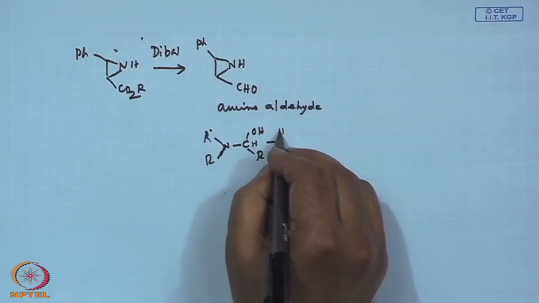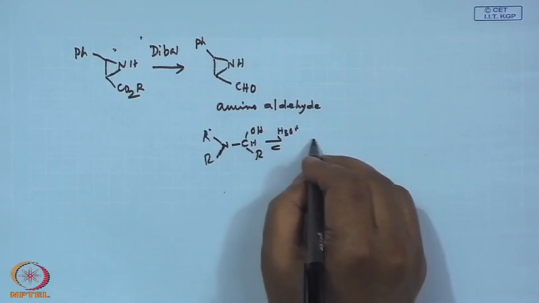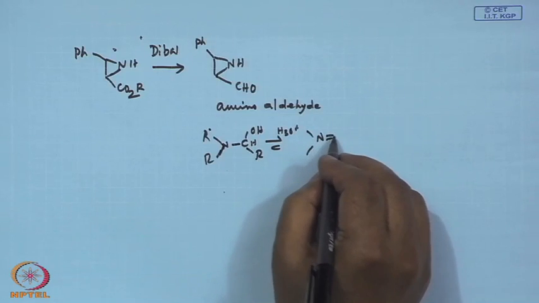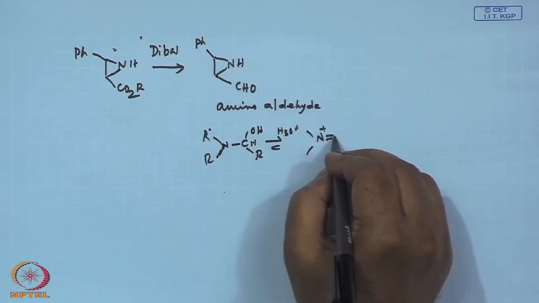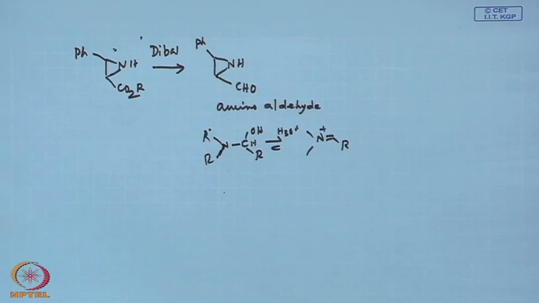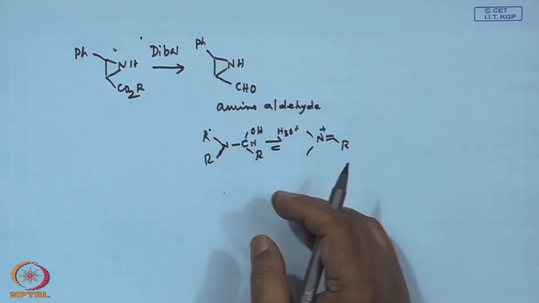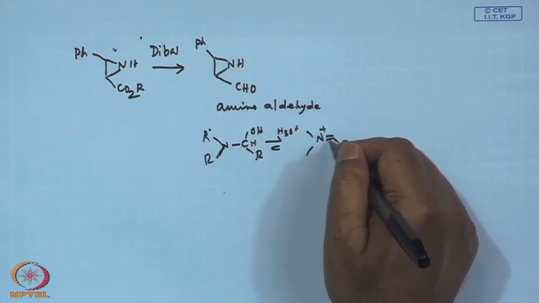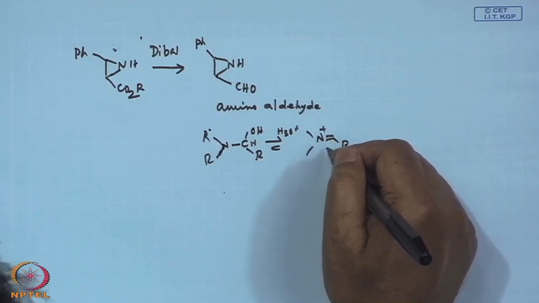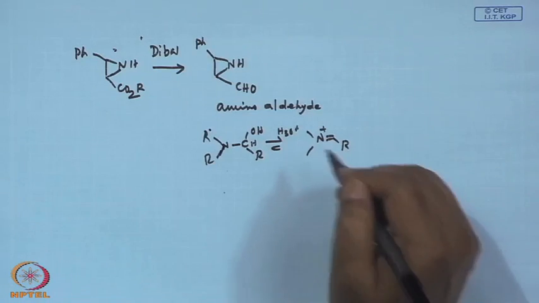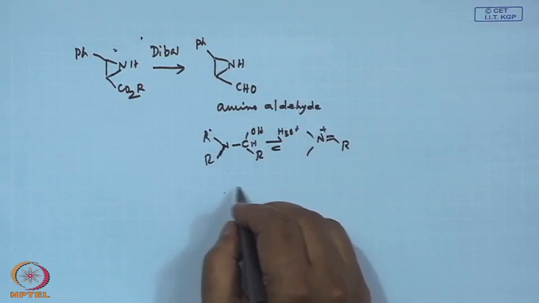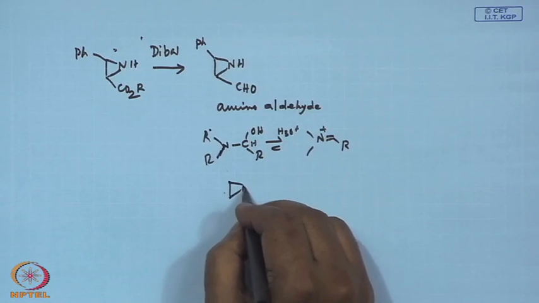In presence of acid, it forms this ammonium ion here, or iminium ion. So, it undergoes all sorts of reactions, and then you can use sodium borohydride, cyanoborohydride, it can convert this directly into amine, etc.